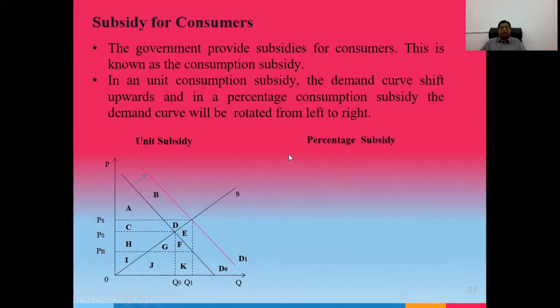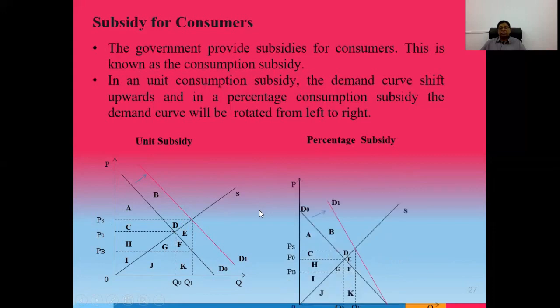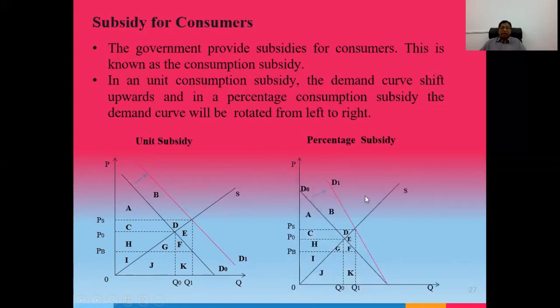Then I would like to focus your attention on percentage subsidy. As I mentioned earlier, when the government grants a percentage subsidy, the demand curve rotates upward by a higher amount at higher prices and by a lower amount at lower prices.